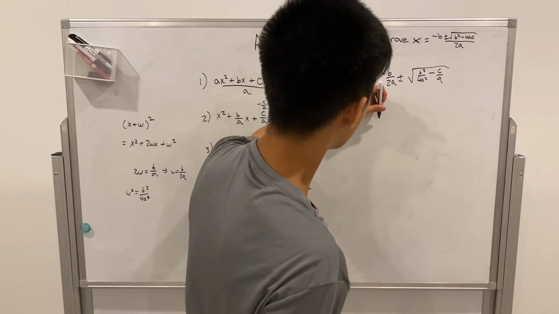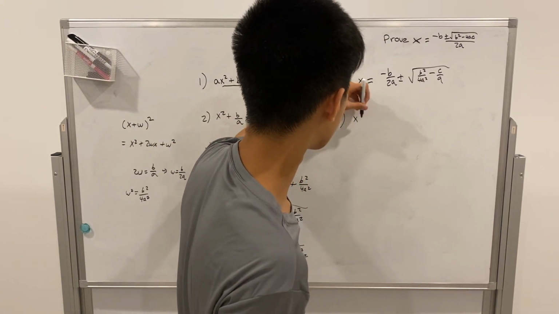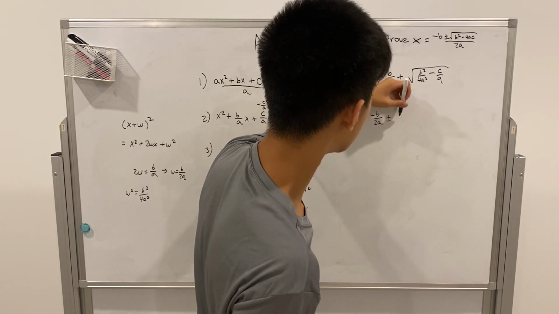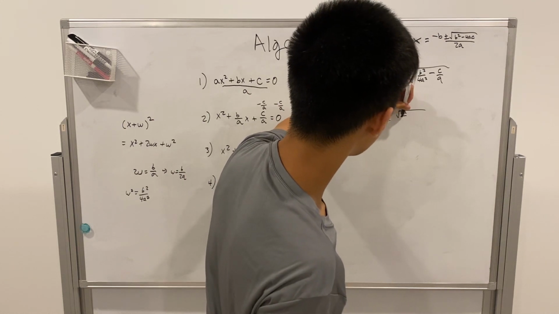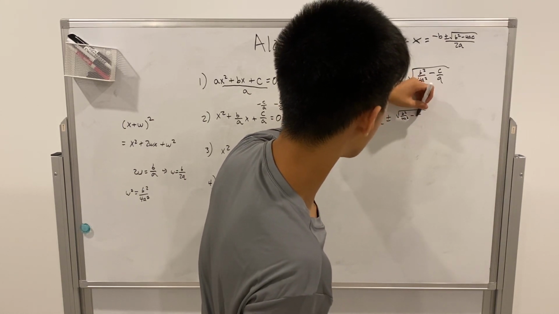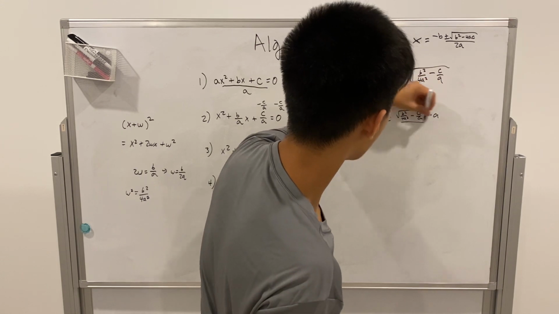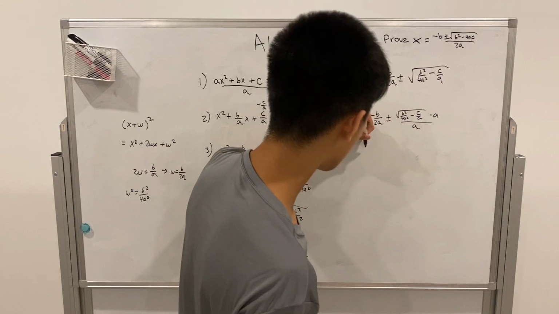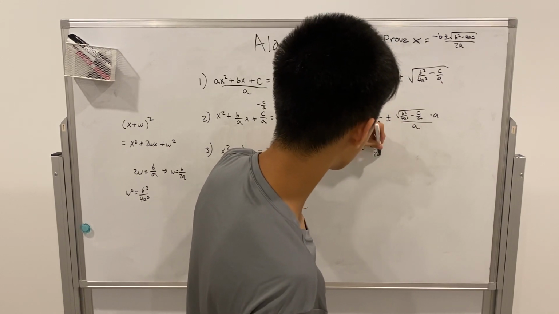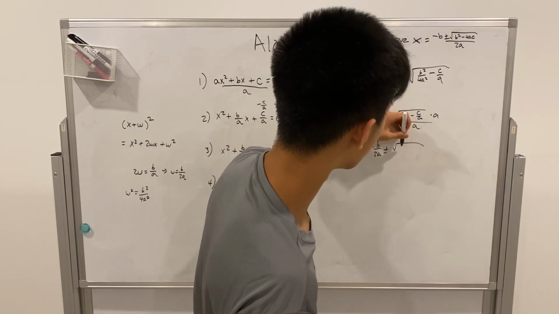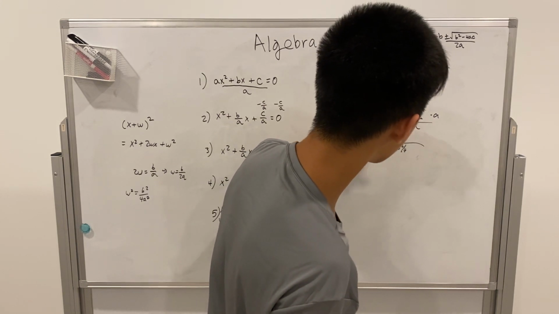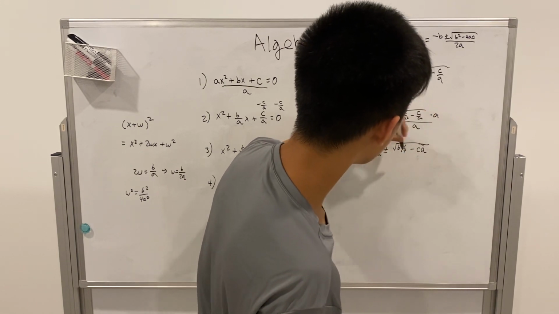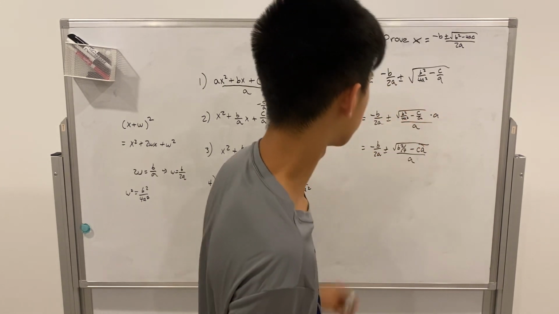So now step 8, we can just do some more algebraic manipulation. So what we can do is multiply the denominator by a and the numerator by a. So now we have something that looks like this. So that's negative b over 2a plus or minus the square root of b squared over 4 minus ca, that's over a.